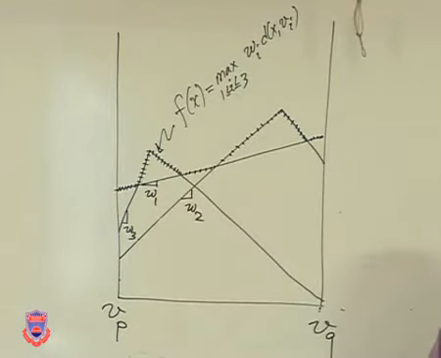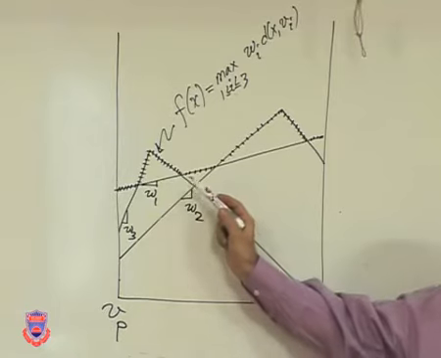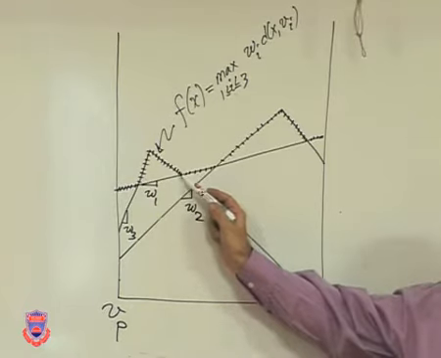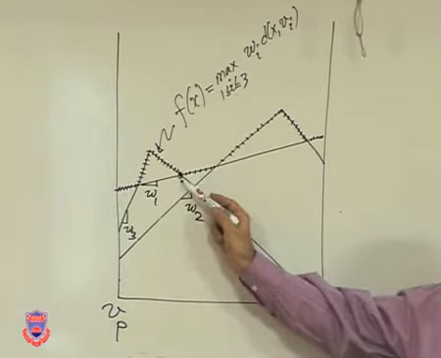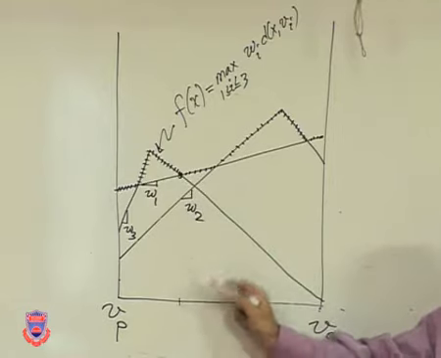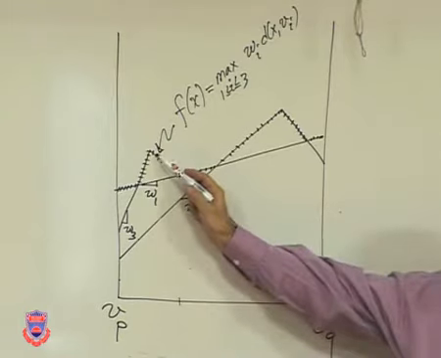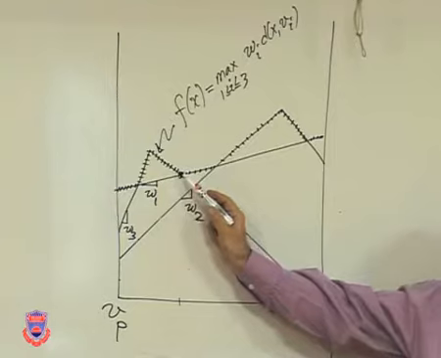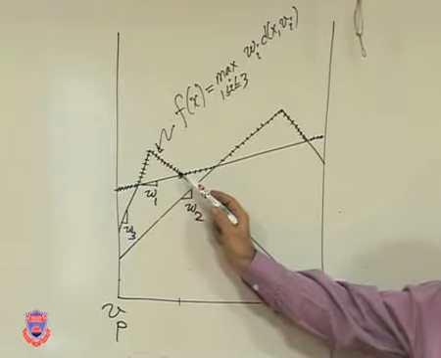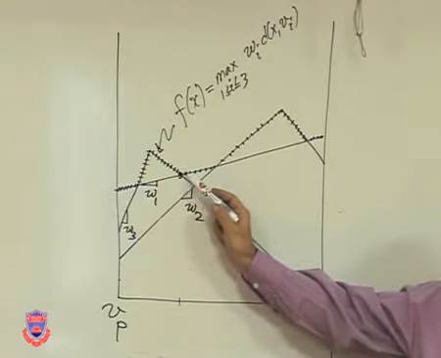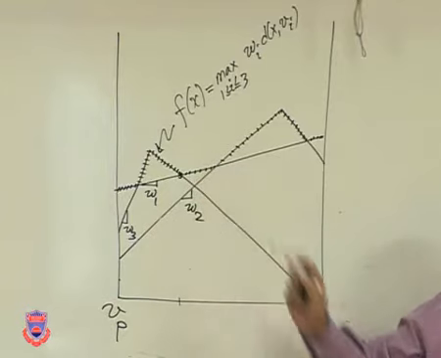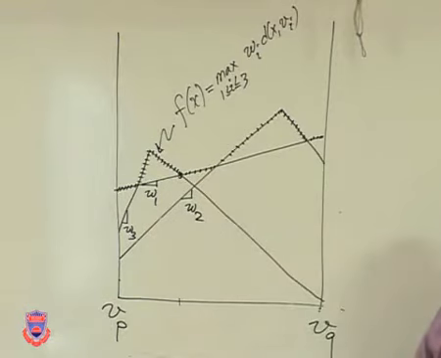Or you would investigate points of this sort where one of the functions is coming with a decreasing slope and continues, or the other one goes with an increasing slope. You want to investigate intersection points of that sort.